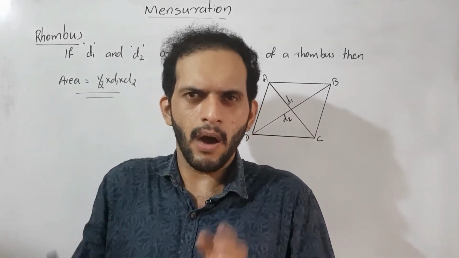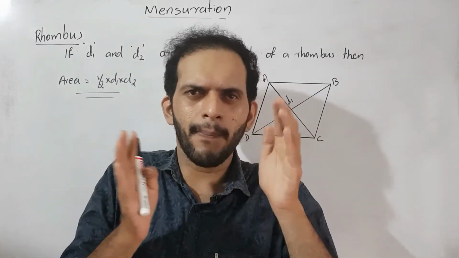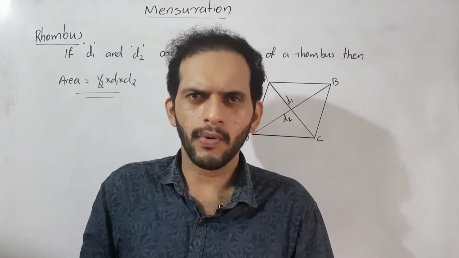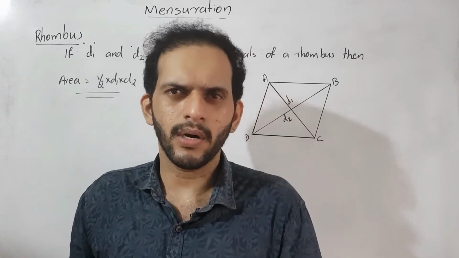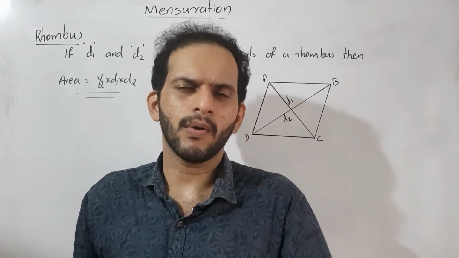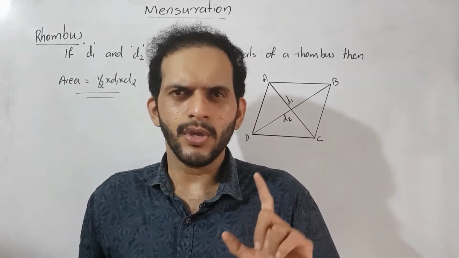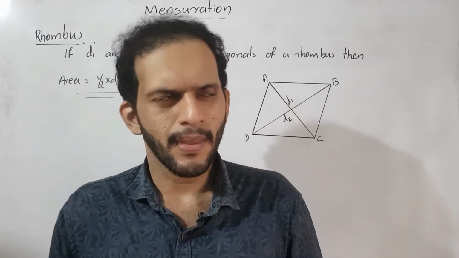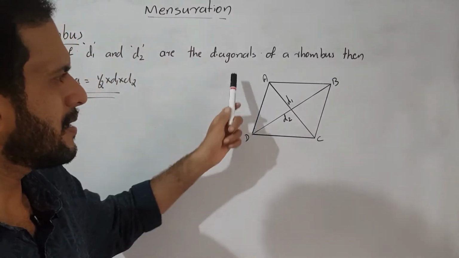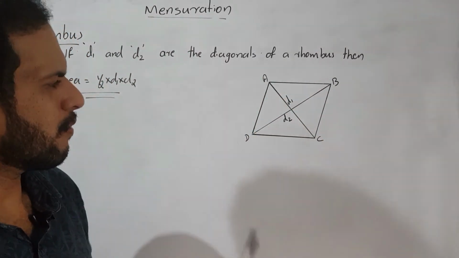Okay, then how do we apply the idea of area in the case of a rhombus? For finding the area of a rhombus, we need the diagonals, denoted d1 and d2. For example, in this figure ABCD is a rhombus.